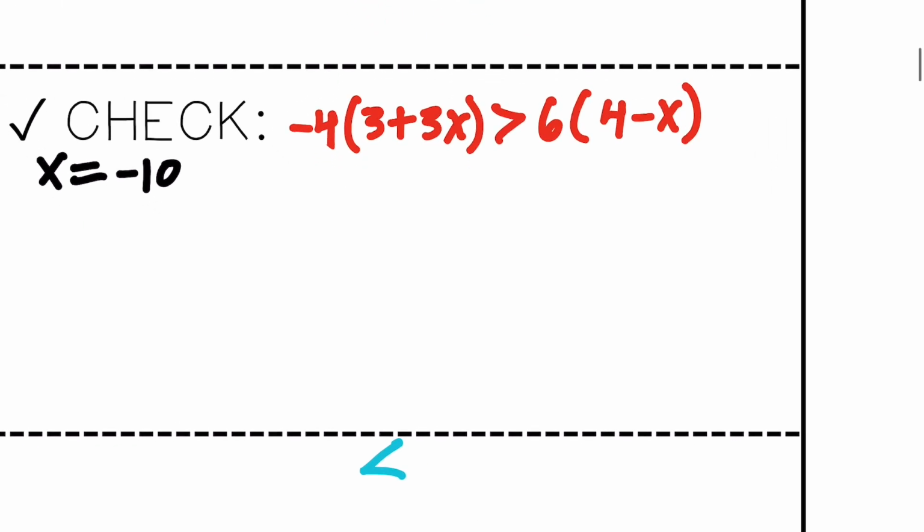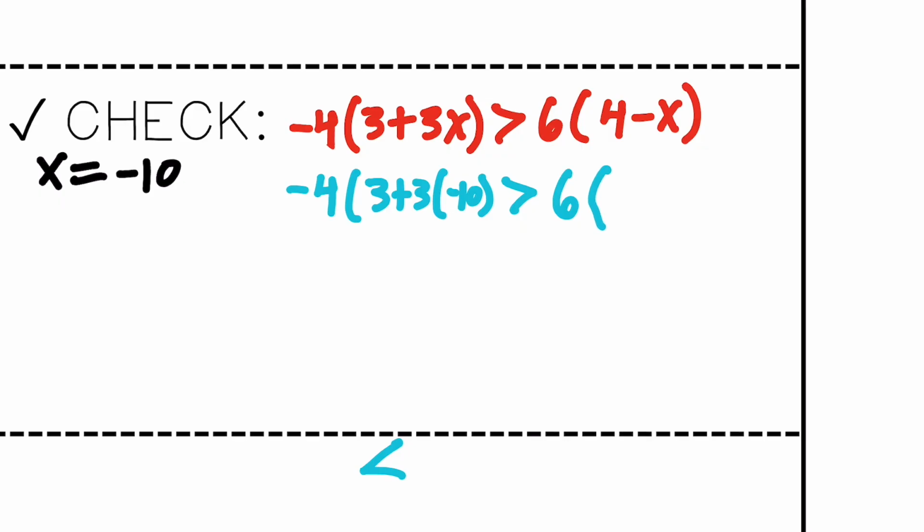Let's see what that's going to look like. Negative 4, parentheses 3 plus 3 times negative 10. So again, 3 times x turns into 3 times negative 10 is greater than 6, parentheses 4 minus negative 10. Okay, so let's simplify this.